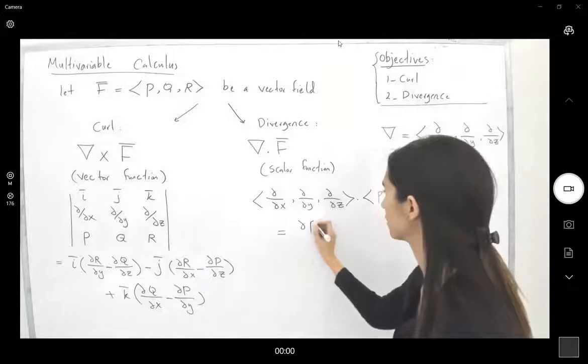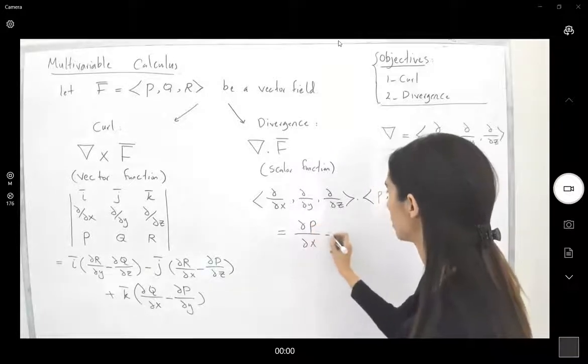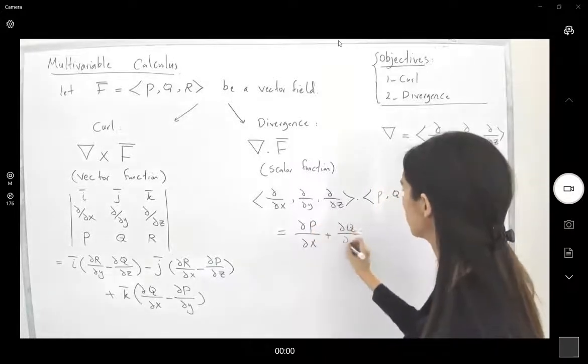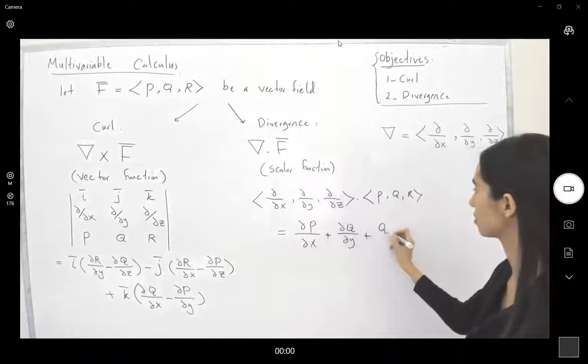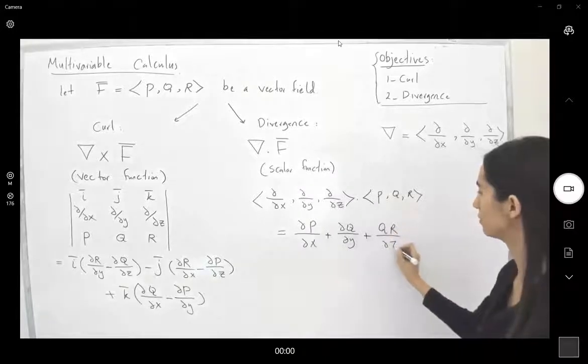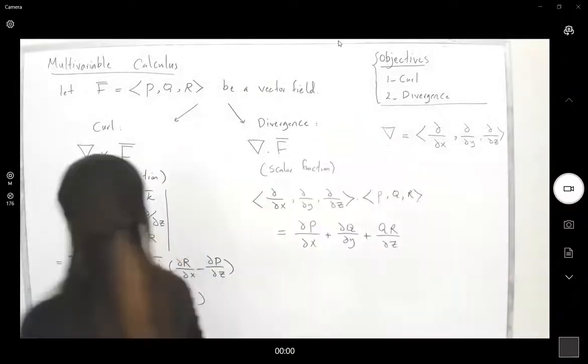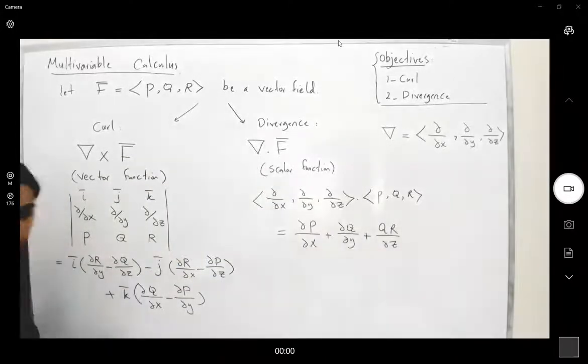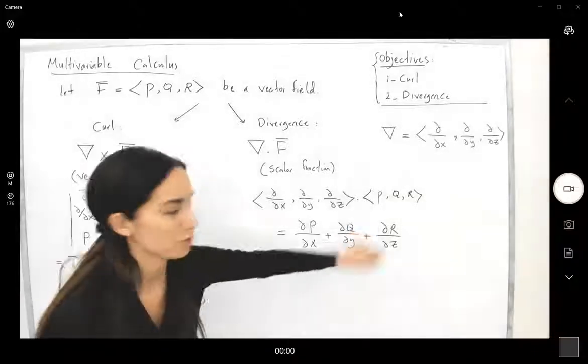We get partial derivative of P with respect to x plus partial derivative of Q with respect to y plus partial derivative of R with respect to z. This is partial derivative.